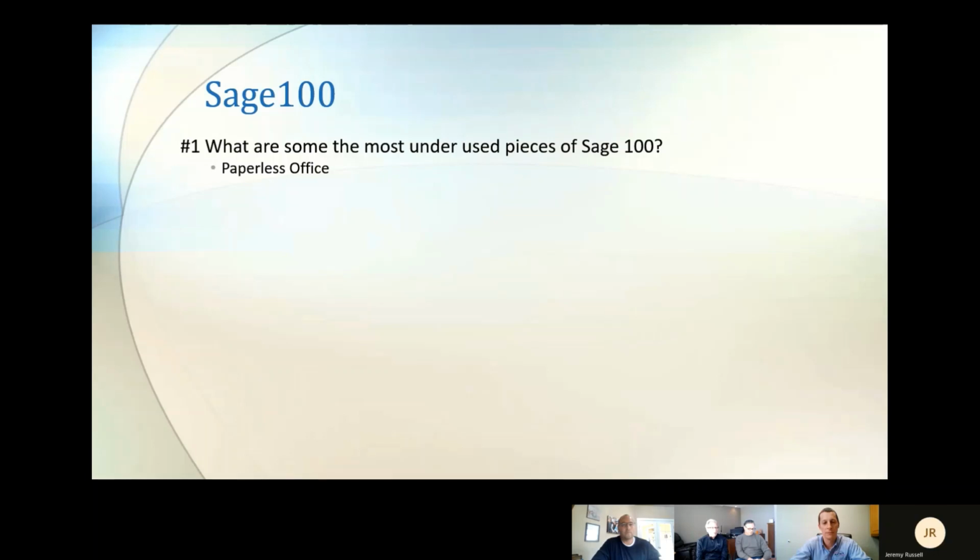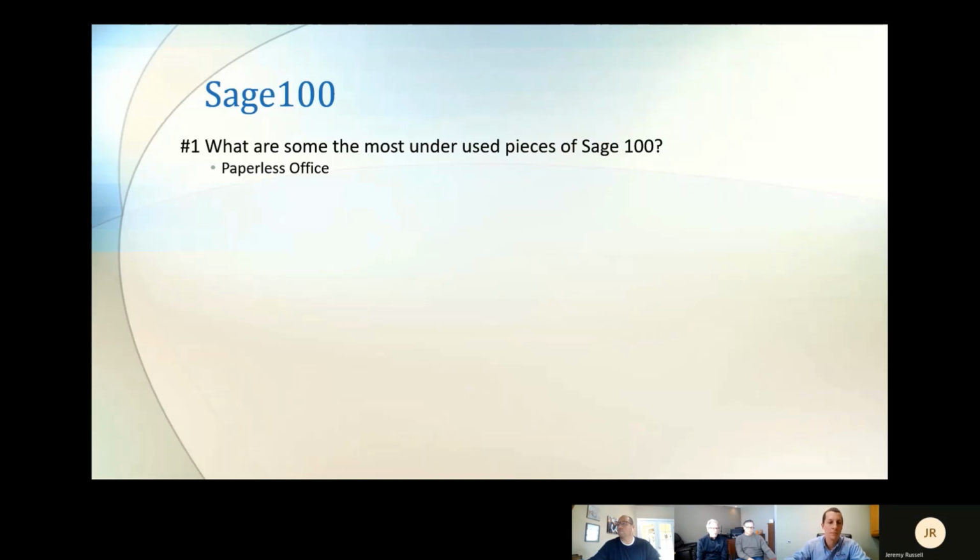So one right off the top is paperless office: the ability to automatically email customer invoices and statements. You can save an awful lot of time in terms of stuffing envelopes, as well as saving money on stamps and paper and all those types of things.